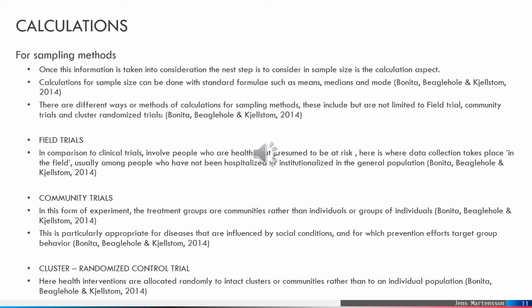This is particularly appropriate for diseases that are influenced by social conditions and for which prevention efforts target group behavior. There is cluster randomized controlled trial. Here, health interventions are allocated randomly to intact clusters or communities rather than to an individual population.